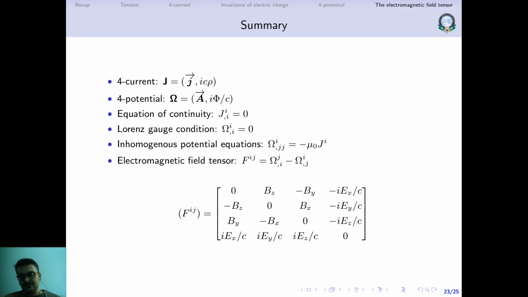But in Griffiths he has used x0, x1, x2, x3, with the time component placed first, and x0 is called ct. There is no i quantity there, whereas I have used ict. So you will find some small differences; for example, you will not get these i's in the terms of the field tensor that you obtain in Griffiths.